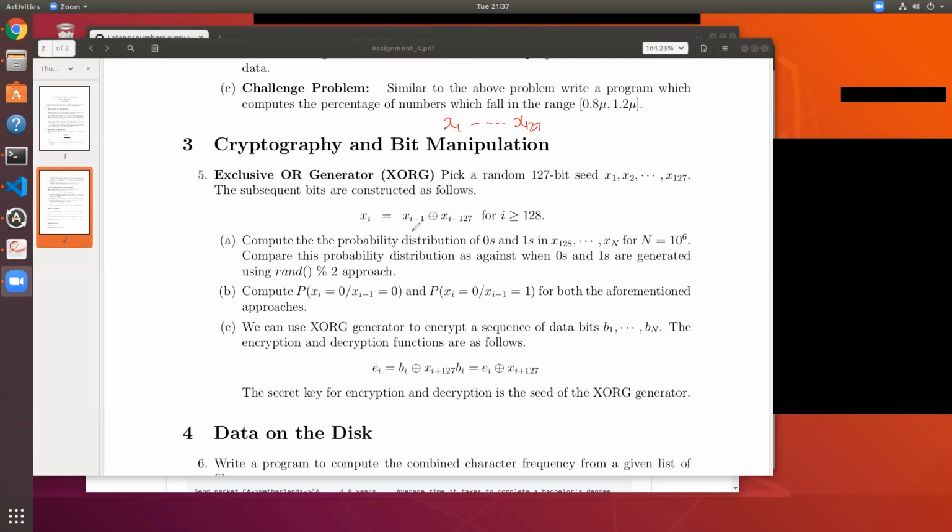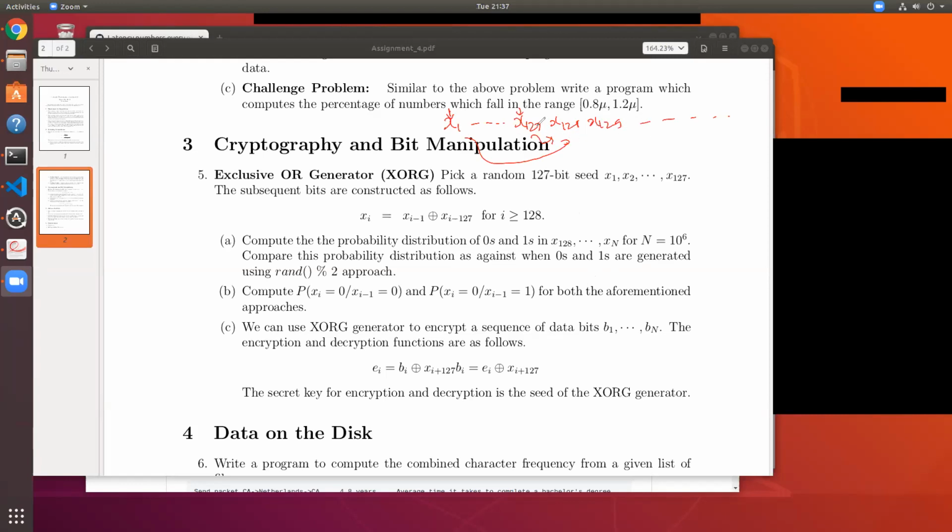When i is equal to 128, you exclusive OR this bit and this bit, and you get the bit x128, and then x129 you get by exclusive ORing x2 and x128. Like that you keep generating. You understood what is happening, right?